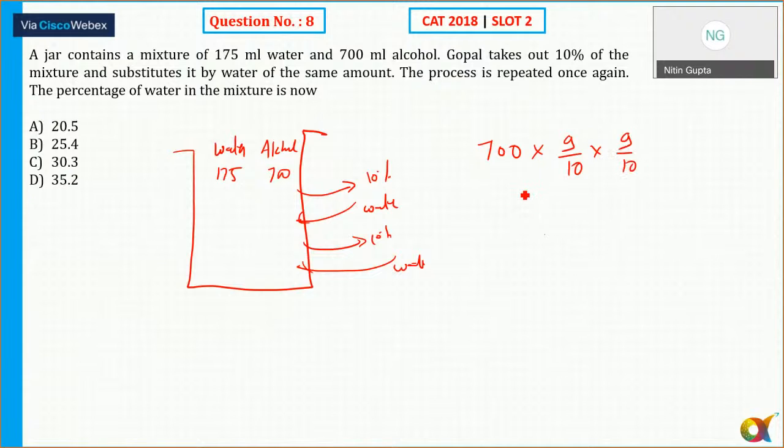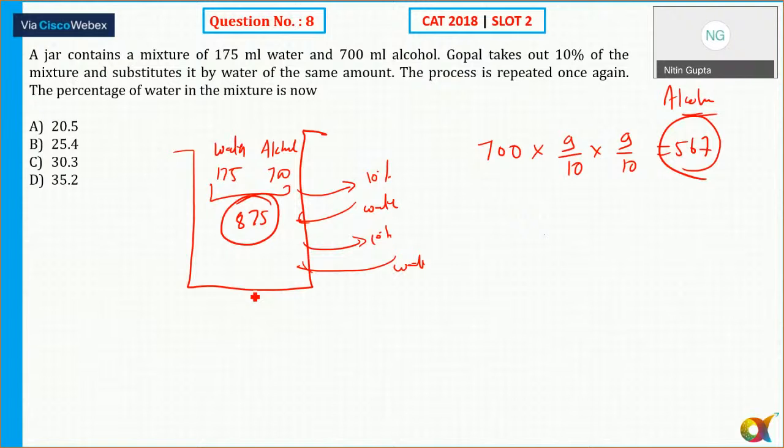And this comes out to be what? 9 into 9 is 81, and 81 into 7 is 567. So this is the alcohol content. Remember guys, we need the percentage of water in the mixture. Whatever amount is taken out, the same amount is added, so the final volume is also 875.